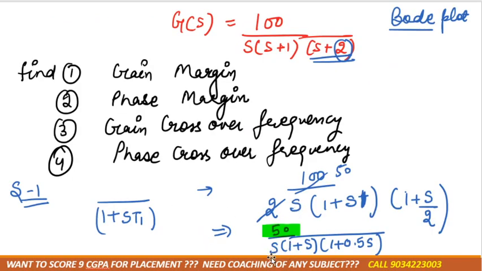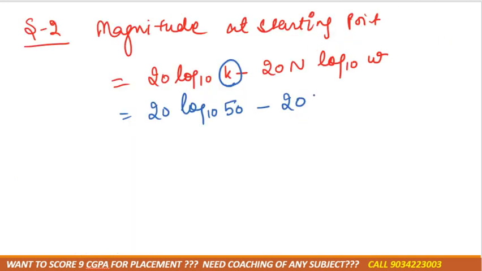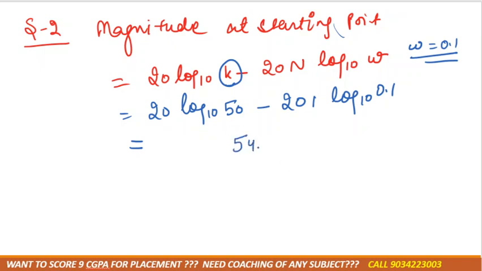As you can see, S is in the denominator, S power is 1. So we'll have N equal to 1, as it's a type 1 order system. So that would be 20 into 1 log base 10 omega, where omega is 0.1 because we'll start our graph with 0.1. So after solving it, tell me the value. After solving it, we'll get 54 decibel, right?